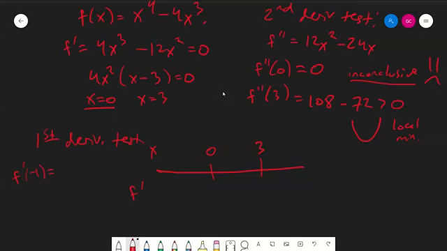And it's going to be useful to use just sort of the factored form right here of 4x squared times x minus 3. So plugging -1 into that gets you a positive number times a negative number, so a negative output. f prime of 1 gets you a positive also times a negative. And f prime of, say, 5 gets you a positive times a positive.